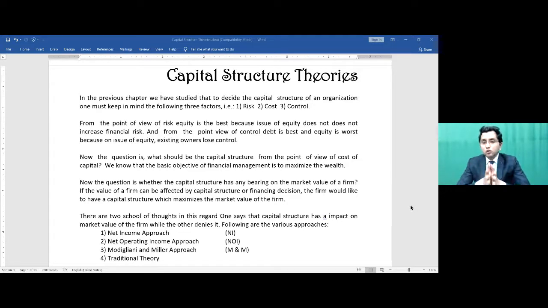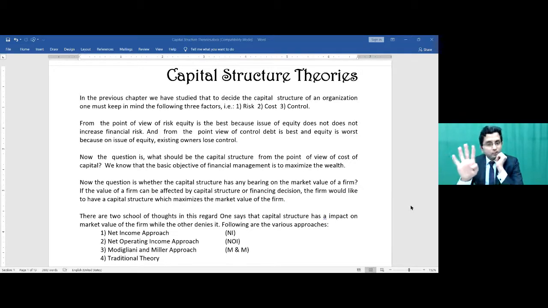In fact, there are two schools of thought. Some people say that if you change the proportion of debt and equity in your capital structure, then your overall cost of capital will also change. The second school of thought says that even if you change the proportion of debt and equity, your weighted average cost of capital, the overall cost of capital, will remain the same.